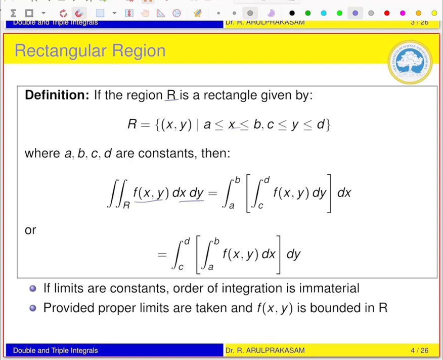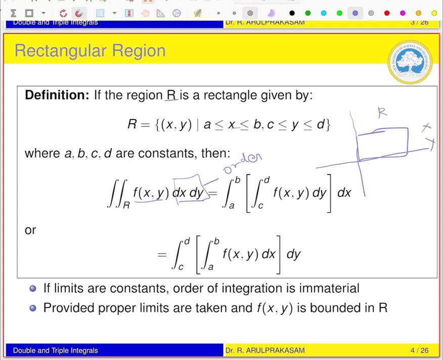This is very important. Here dx dy is nothing but the order of integration. What do you mean by order? Order is how to cover this region. Suppose I have the rectangular region R, with the x axis and y axis.